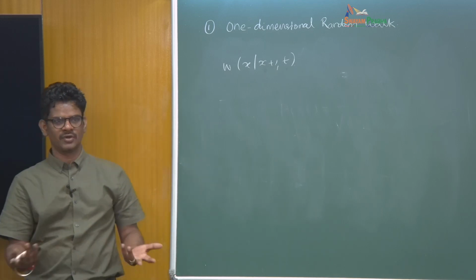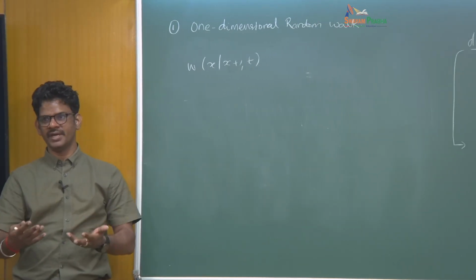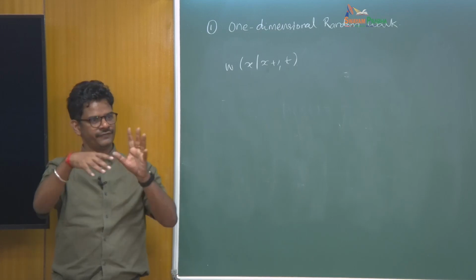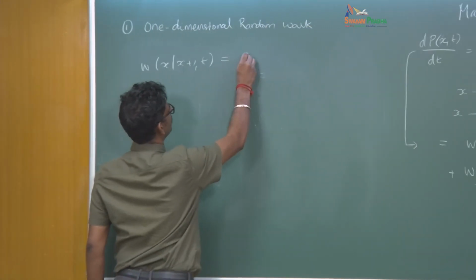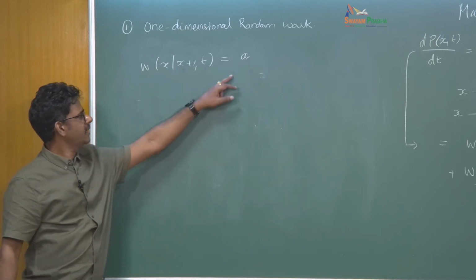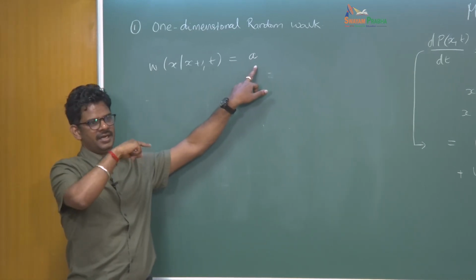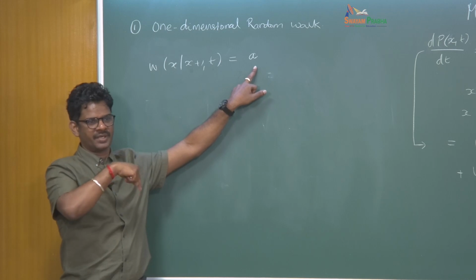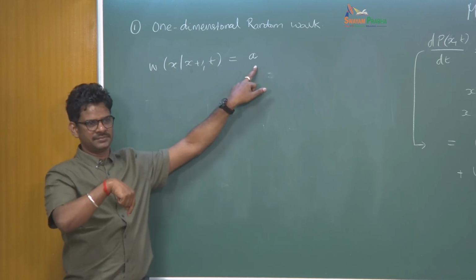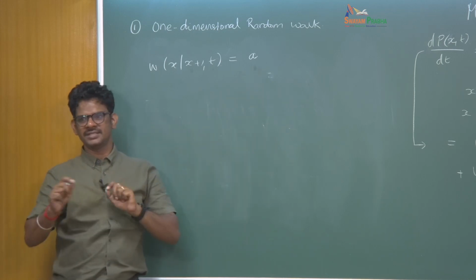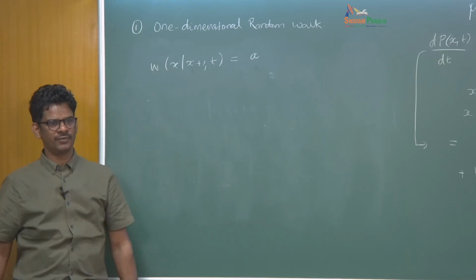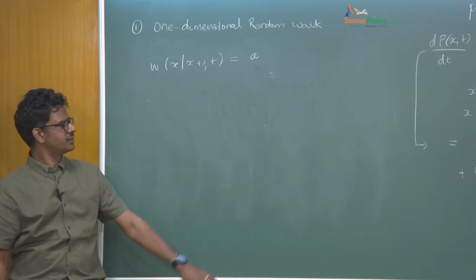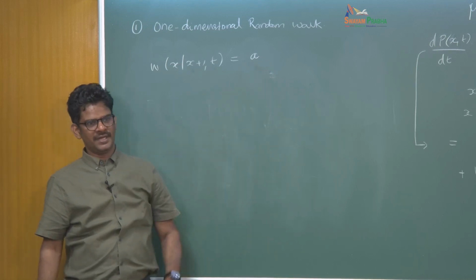We can associate some constant. We define some rate, which will depend on the diffusion coefficient and temperature and everything. So we'll say this is some value a, and this rate constant a does not depend on the time and it doesn't depend on the current position. We define the jump rate as constant regardless of where the particle is and what time the particle is found there. So we associate this with some constant value.